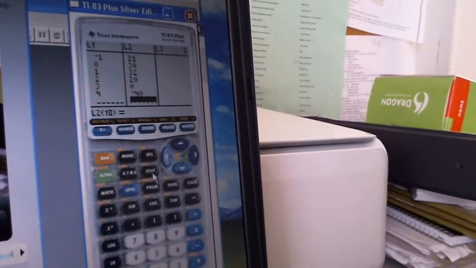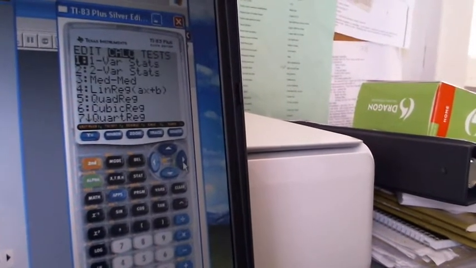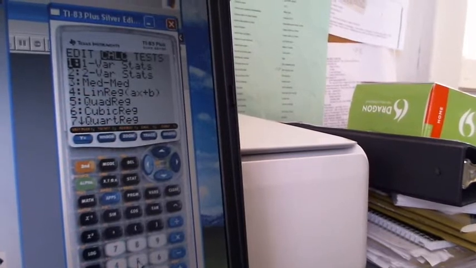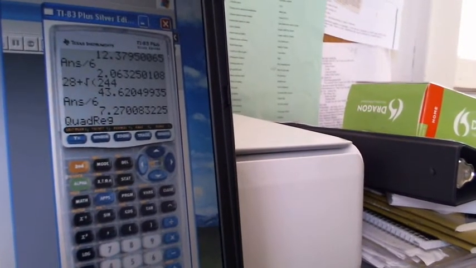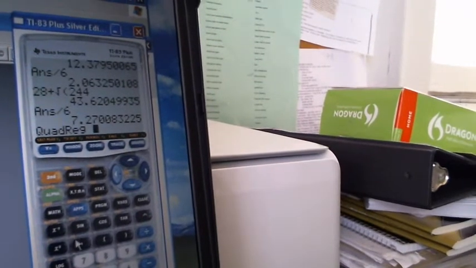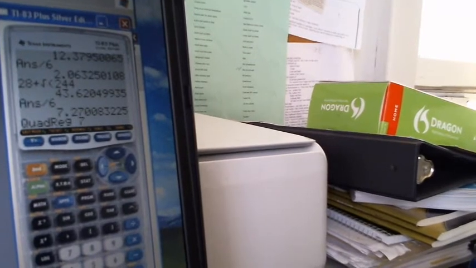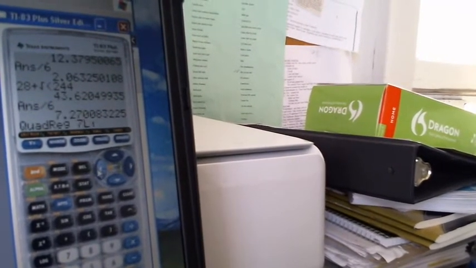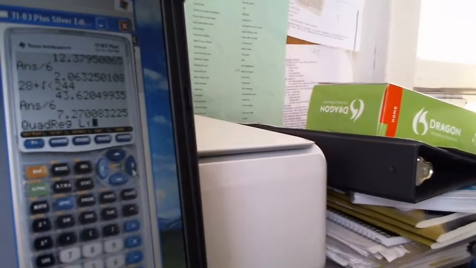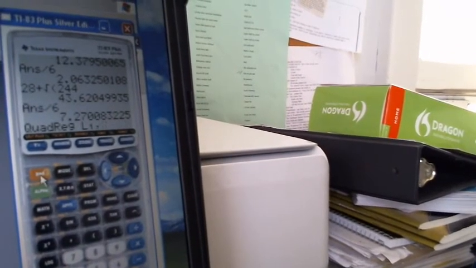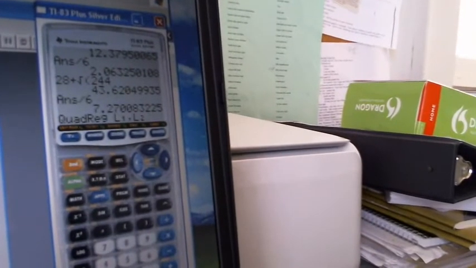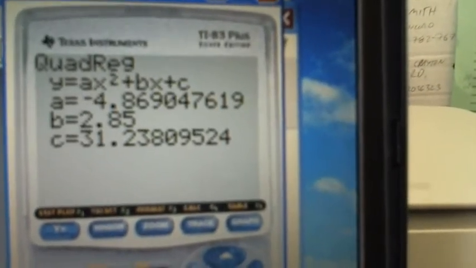All right, so there we are. Go to stat, calc, quadratic regression. I think it automatically does L1, L2, but just in case. That's what we wind up with.